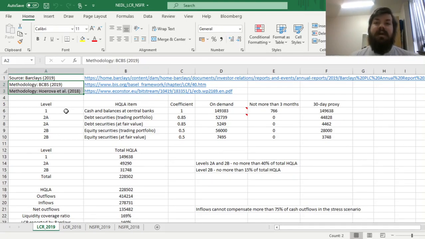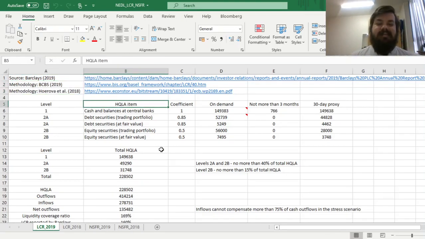The logic is that the bank should hold enough HQLA, high-quality liquid assets, to provide for net cash outflows in a stress scenario, in a scenario when there are runs on banks and when a lot of deposits are being liquidated. Which assets can the bank sell, realize at a reasonable discount, reasonably quickly, to provide for these outflows?